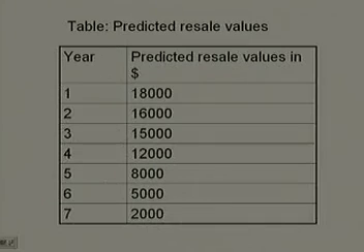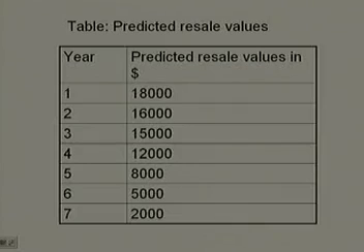Now, you can note down this resale value in different years. For example, if you want to sell your electricity generating plant at the end of year 1, you will be able to sell it at $18,000. At the end of year 2, if you want to sell, you will get $16,000.